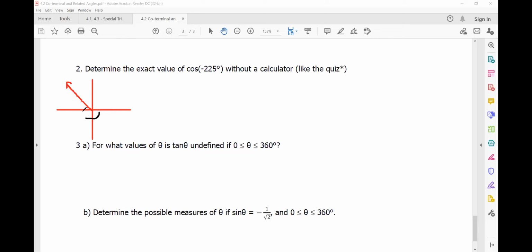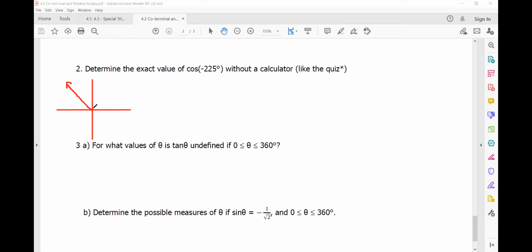If this is 90, 90, and this is 45 degrees, you can say that I'm going to pretend that I have a triangle with angle 45 degrees in quadrant 1. So in other words, my related angle or reference angle is going to be 45 degrees. What is the cosine of 45 degrees?